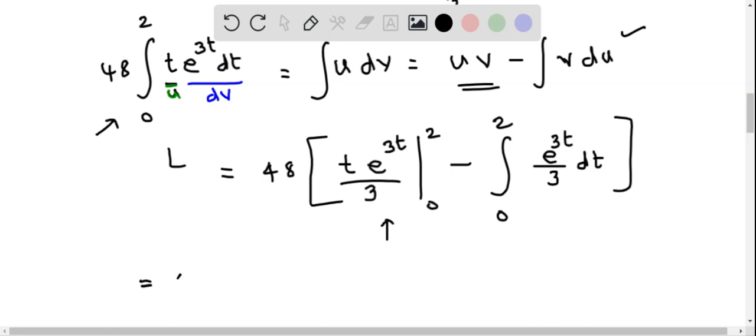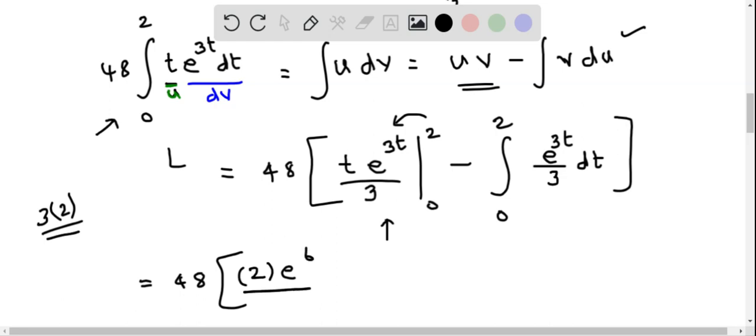So let's do that. So we will have 48 times. When we apply the upper limit to the t, this will become 2 times e raised to the power of 3 times 2. That is, we replace t by 2, so it becomes 3 times 2, which is 6.